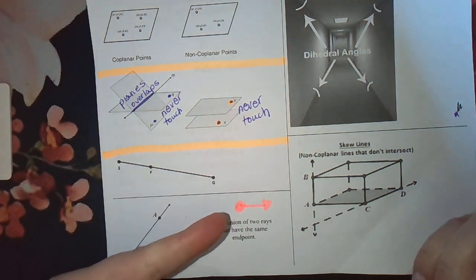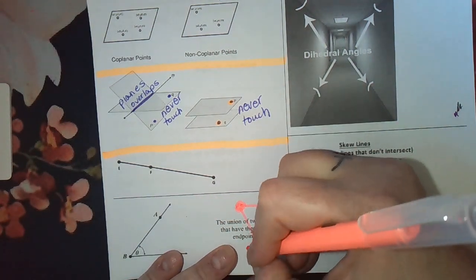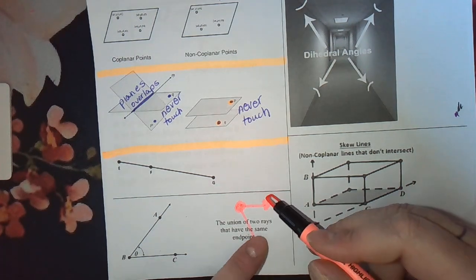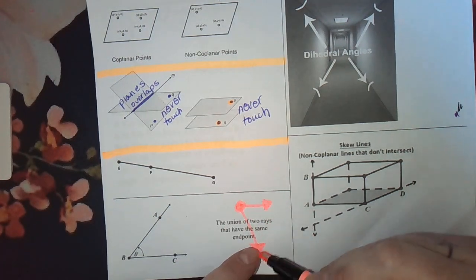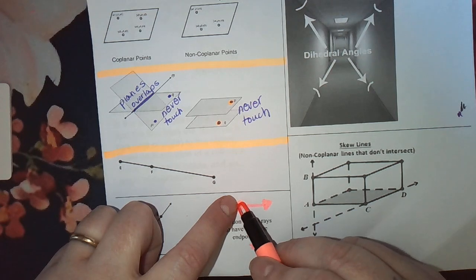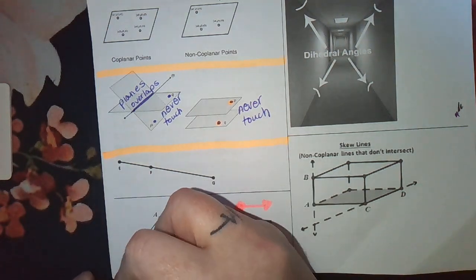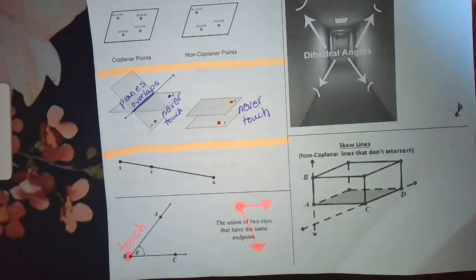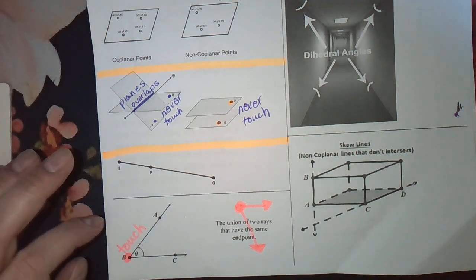So if I have two rays, two arrows with the same endpoint, and they meet at the same endpoint, this point B is where they touch. This is all pretty common sense, but we're just going over it.